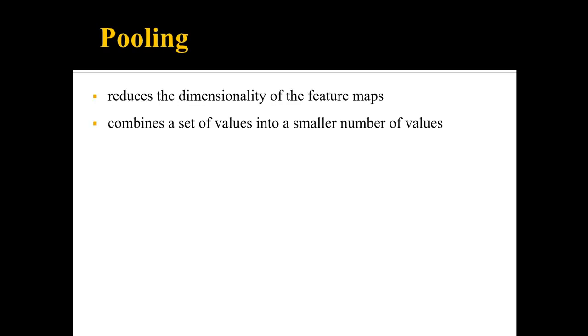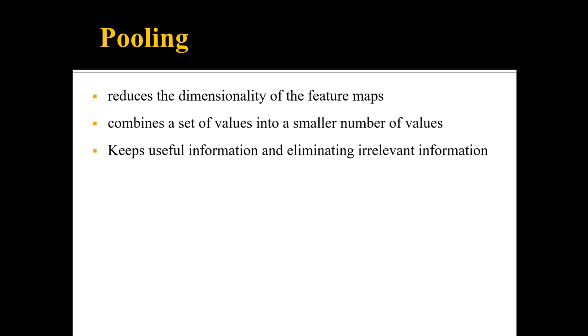Now next we have pooling. Pooling reduces the dimensionality of the feature map, and it combines a set of values into a smaller number of values. It keeps the useful information and eliminates the irrelevant information.